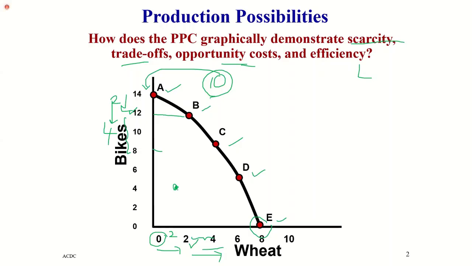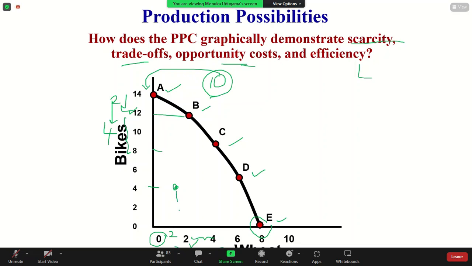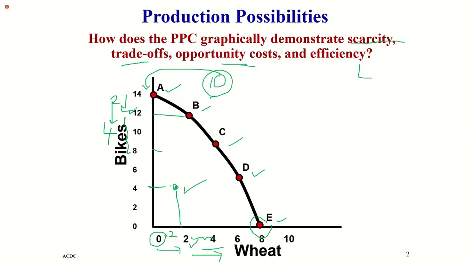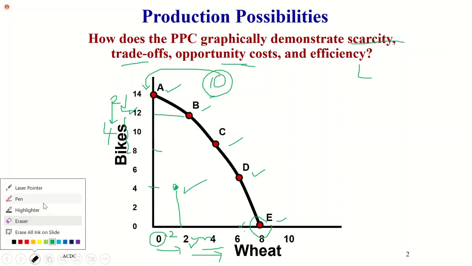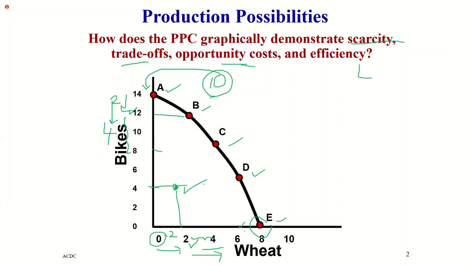If I ask you whether you can produce 4 units of bikes and 2 units of wheat, you can, but it's inefficient. Because we know when you produce 4 units of bikes, you can produce 7 units of wheat, right? But now you're producing only 2 units of wheat.